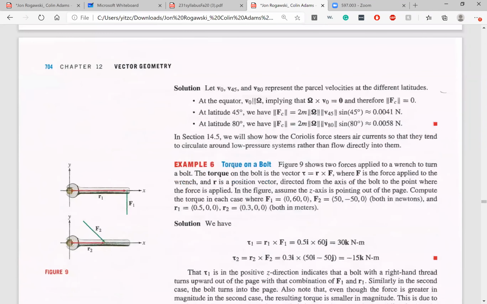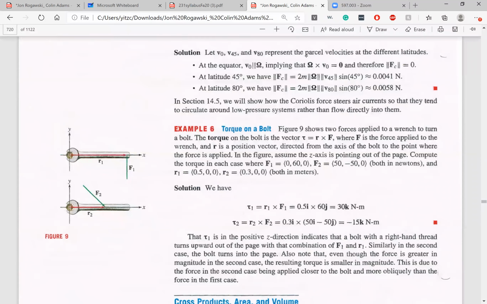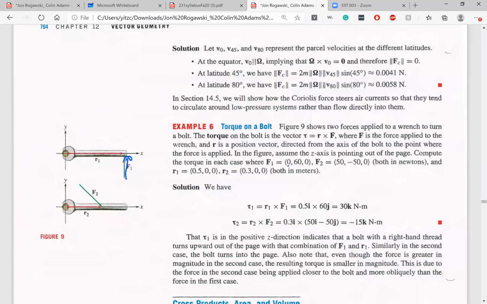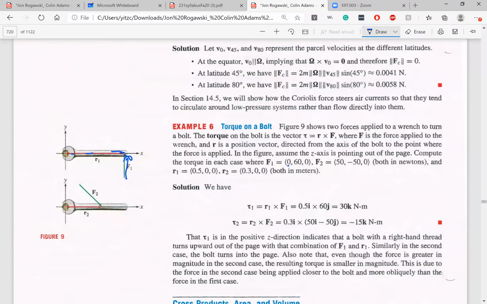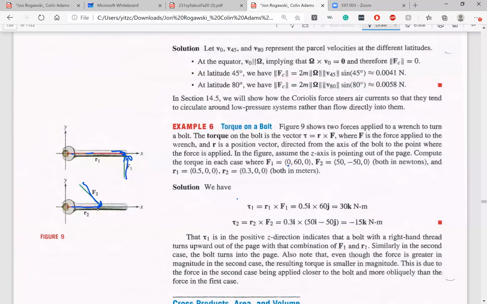This question, however, is dealing with torque, so it is to some degree a little bit more relevant, I think. We're turning these two wrenches, and in one case we're applying force over here with R1 distance away, and in the other case we're applying the force like this with R2 distance away, and they want us to find the torque.